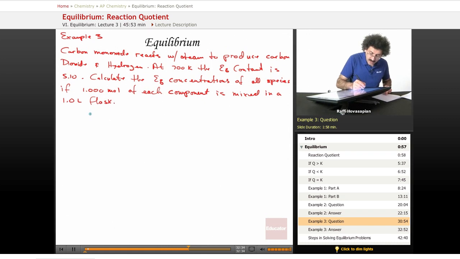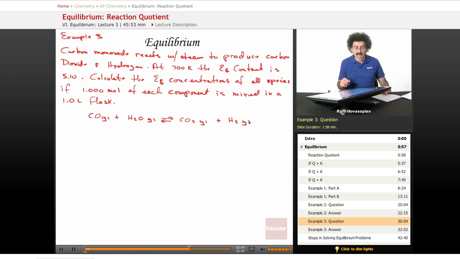Okay, our reaction is, they said, carbon monoxide gas plus steam, which is H2O gas, forms carbon dioxide gas plus hydrogen gas. So that's our reaction. And it is balanced, so it's 1, 1, 1, 1, not a problem. Okay, so let's read this.